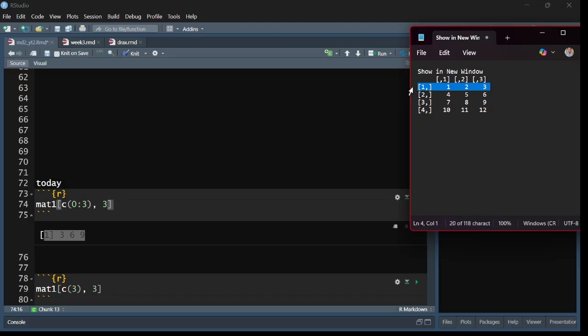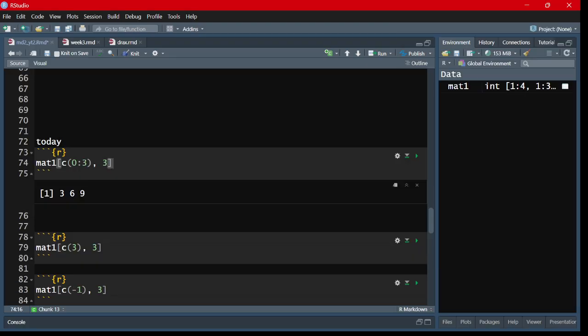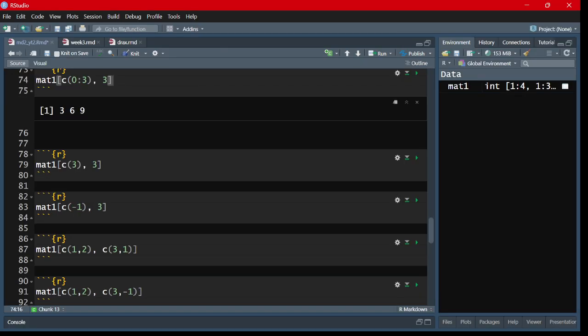Why we are not calling these vectors? Because, as we can see, these have a comma, that means it is an array. This is one array, another array. Very basic thing.